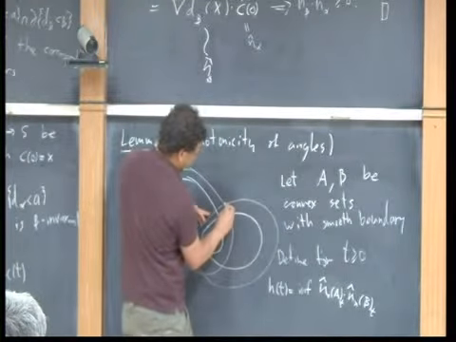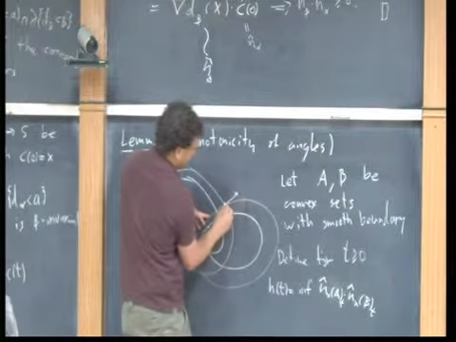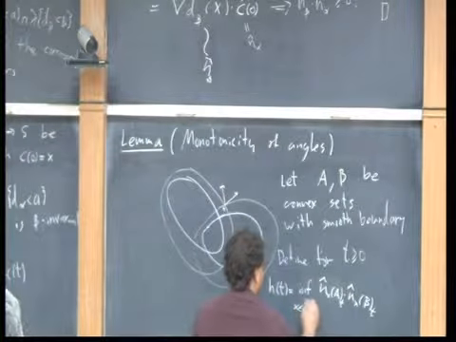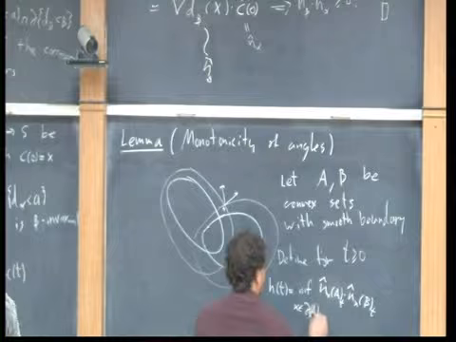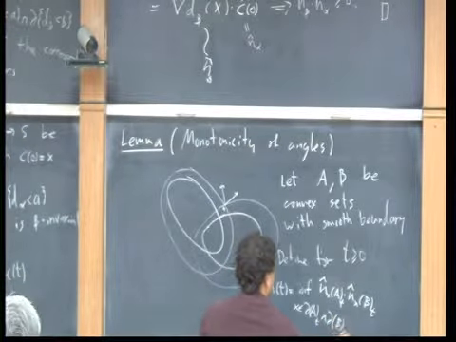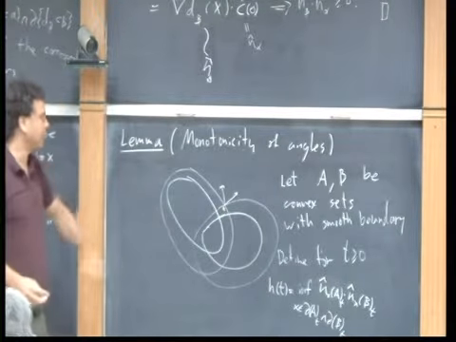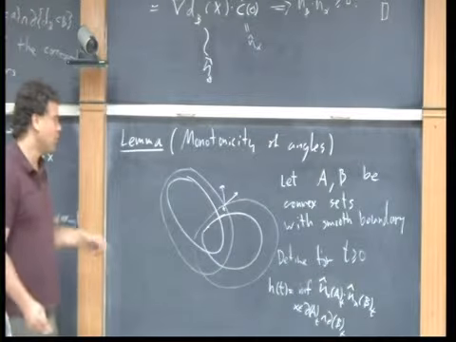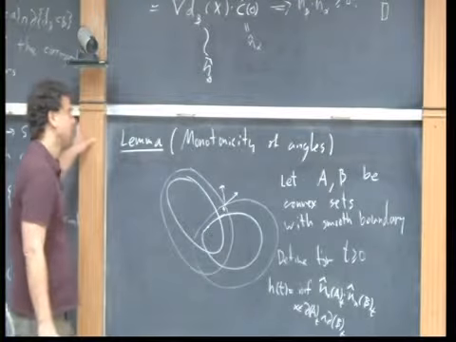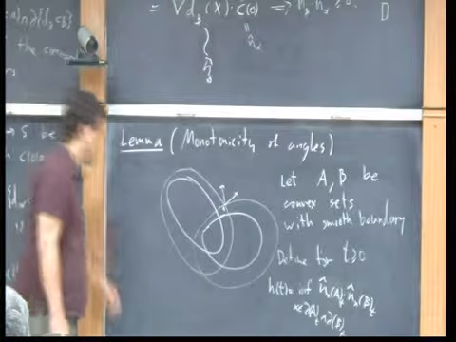I don't want to spend time writing it, but this is x, and I take the normal here, and the infimum is over all x in the intersection. If you want the minimal angle, you look at the point where the angle is minimal, when the inner product is maximum.